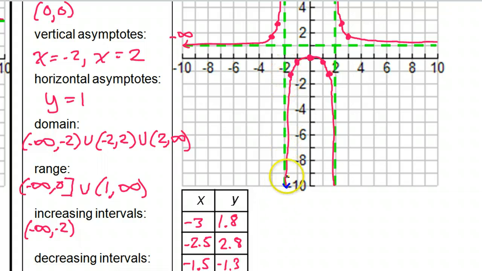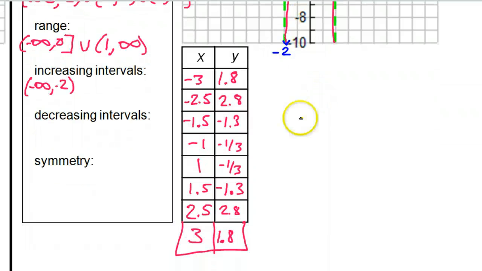This position right here is negative 2. So from negative 2, alright, to this position right here, which is 0, we are increasing again. From left to right, this is increasing. So negative 2 to 0 is another increasing interval.